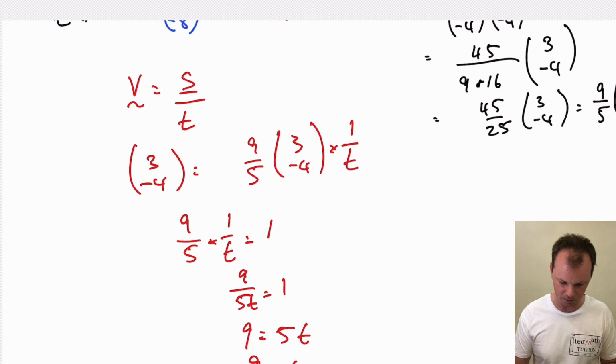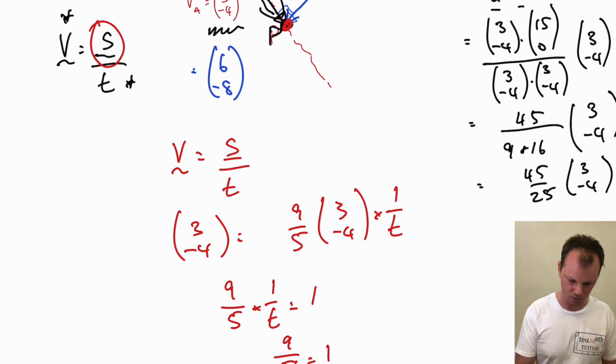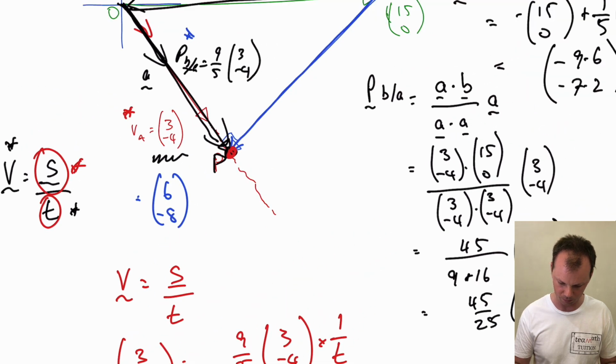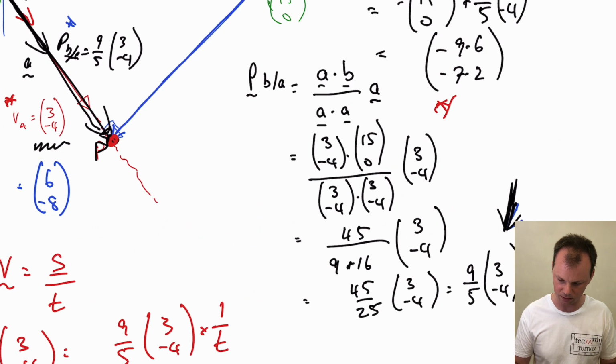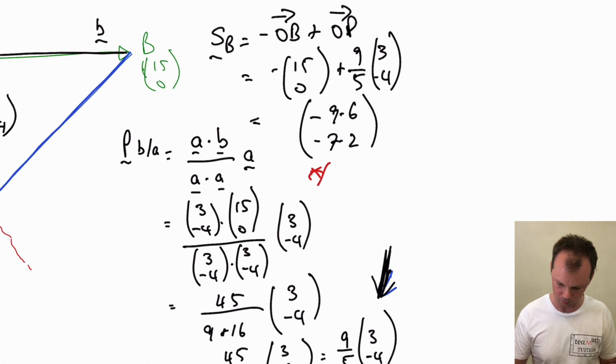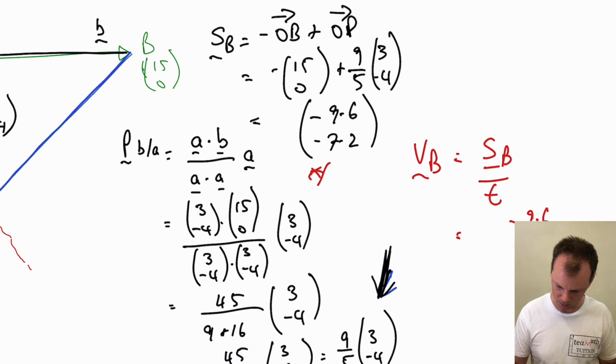We can then substitute that in. We know our displacement of B, that's over here. We know our time is 9 on 5 seconds, so we can work out this guy. Velocity of B is displacement of B on time, which is negative 9.6, negative 7.2, over 9 on 5.